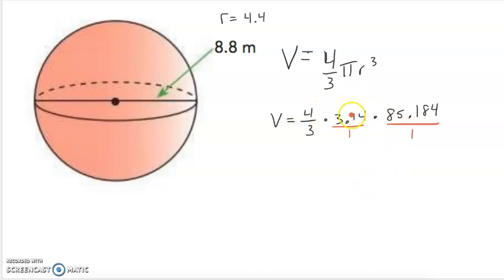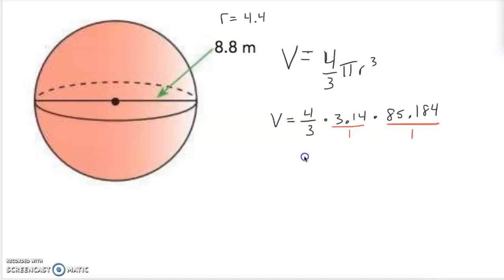Remember, when we multiply fractions, we multiply the numerators together, then we multiply the denominators together. So we can multiply these numerators together. That's going to give us 4 times 3.14 times 85.184, which should give us a big number.